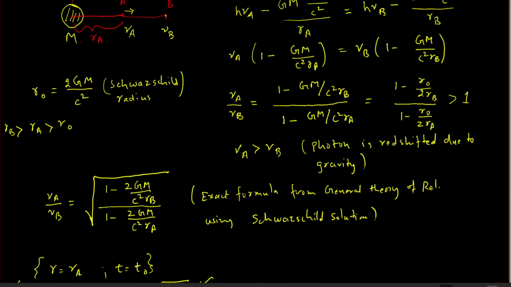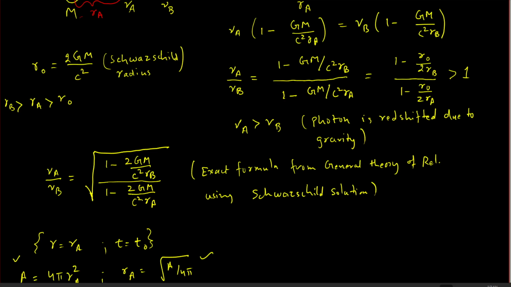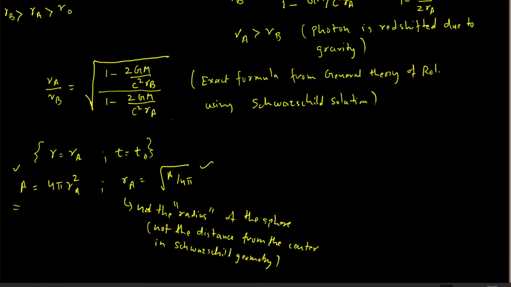So in the limit when this 2GM by c square is small compared to RA and RB, we can take a series expansion of the square root in the numerator as well as in the denominator.